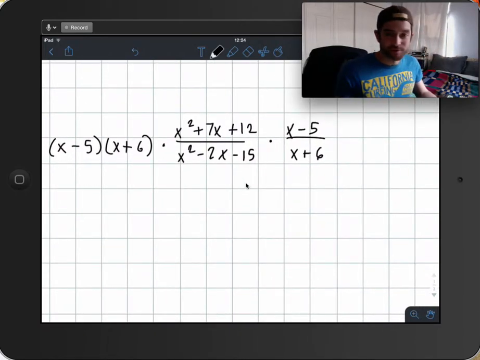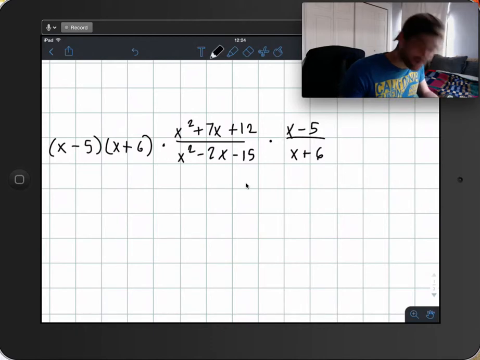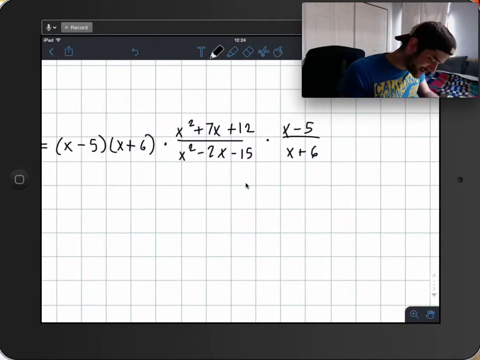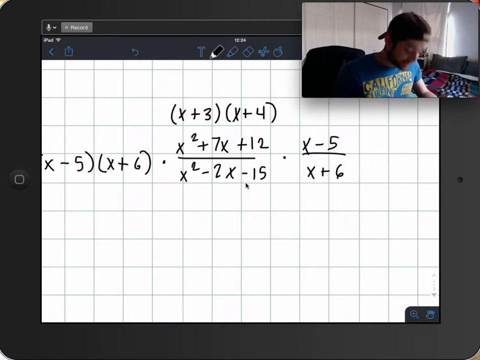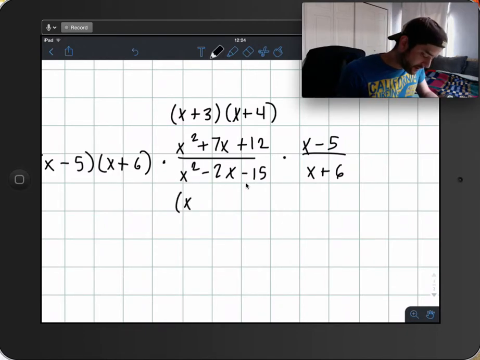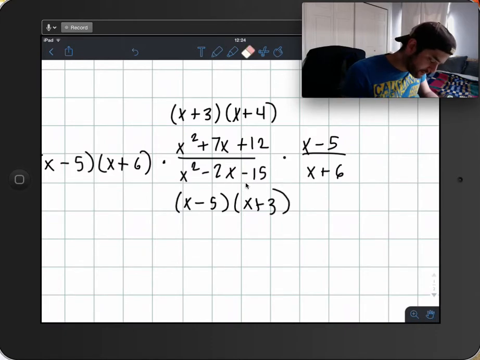And I didn't factor those as I went, as I said I would, so I'll do it now. x squared plus 7x plus 12 is (x plus 3)(x plus 4). And x squared minus 2x minus 15 is (x minus 5)(x plus 3).